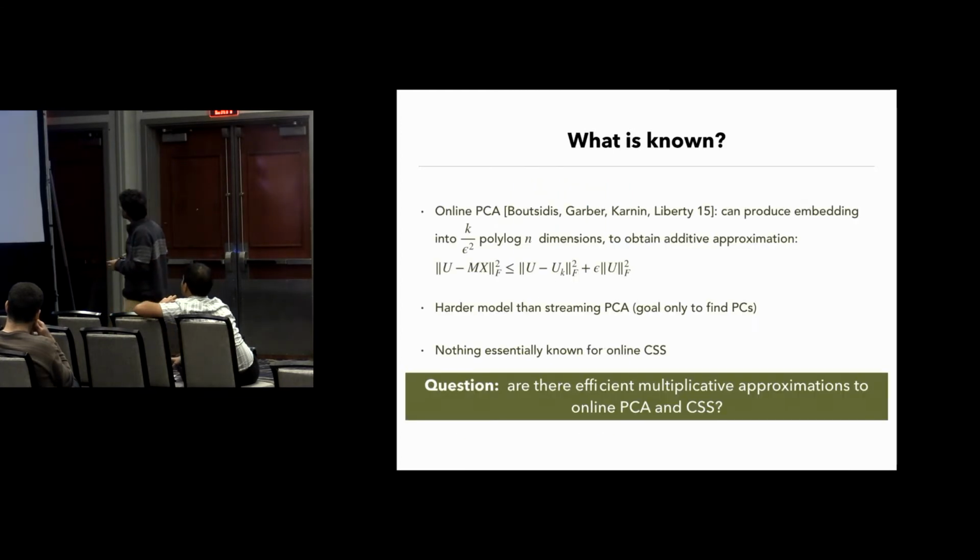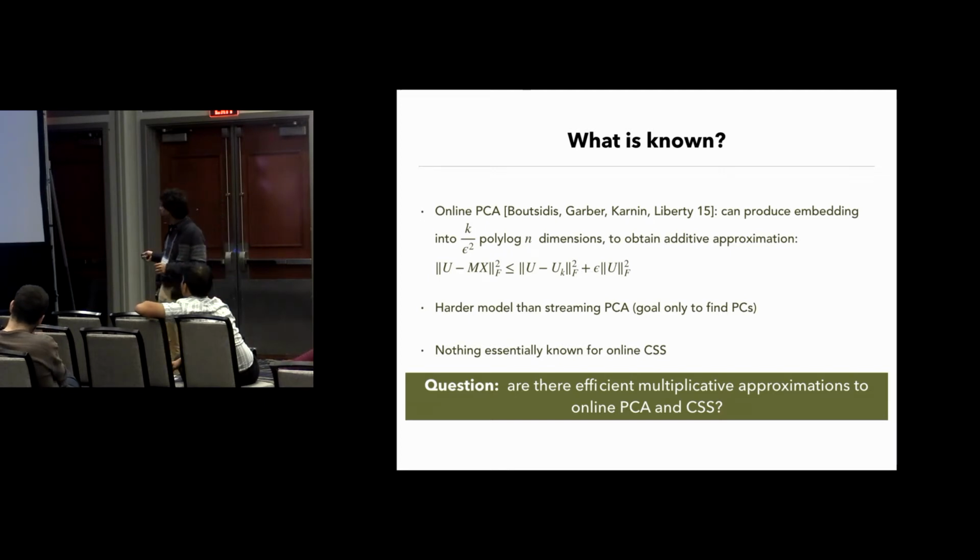All right. So what is known about these problems? For online PCA, there is a paper by Boutsidis and others in 2015. What they showed is that given any epsilon, you can produce an embedding into something like k by epsilon squared times polylog n dimensions, and you obtain some kind of an additive approximation. So the error that you produced, using the best M, is smaller than or equal to the best low rank error plus epsilon times the Frobenius mass of the whole matrix.